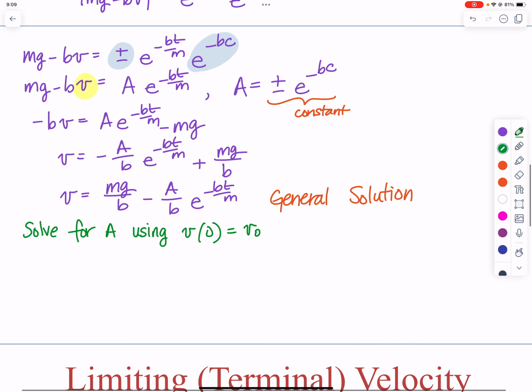So substituting that into this equation, we have v naught is equal to mg over b minus A over b e to the 0 power, since we are letting this t equal 0.